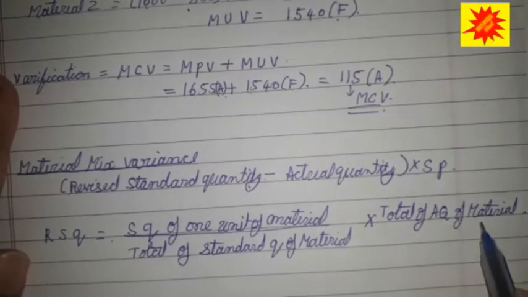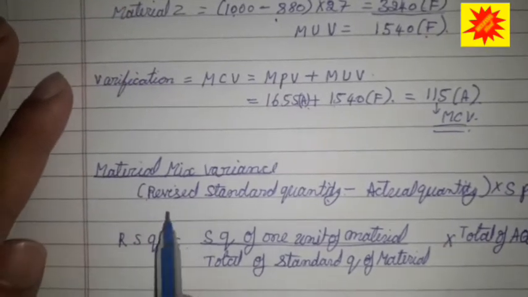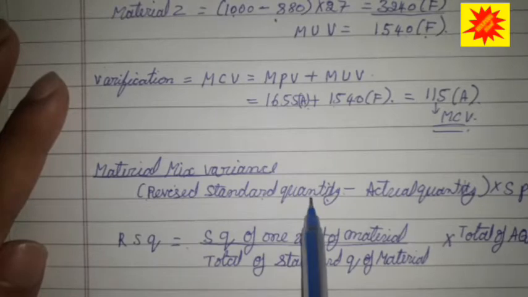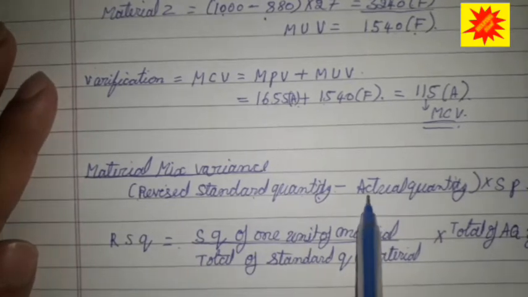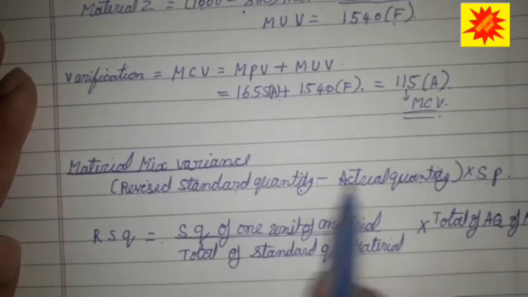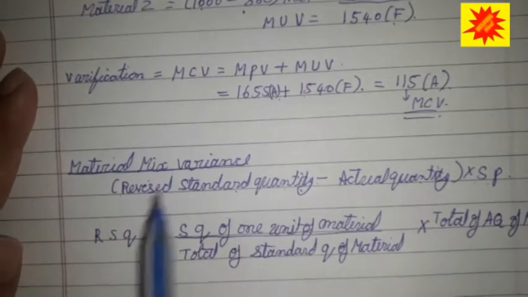So when we do this, we arrive at our revised standard quantity. From this revised standard quantity, we have to subtract actual quantity, then we have to multiply it with standard price to arrive at material mix variance.